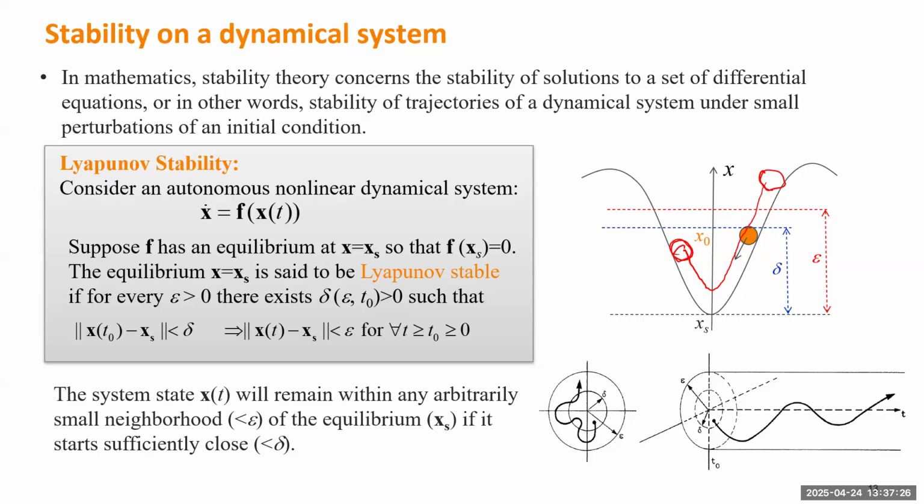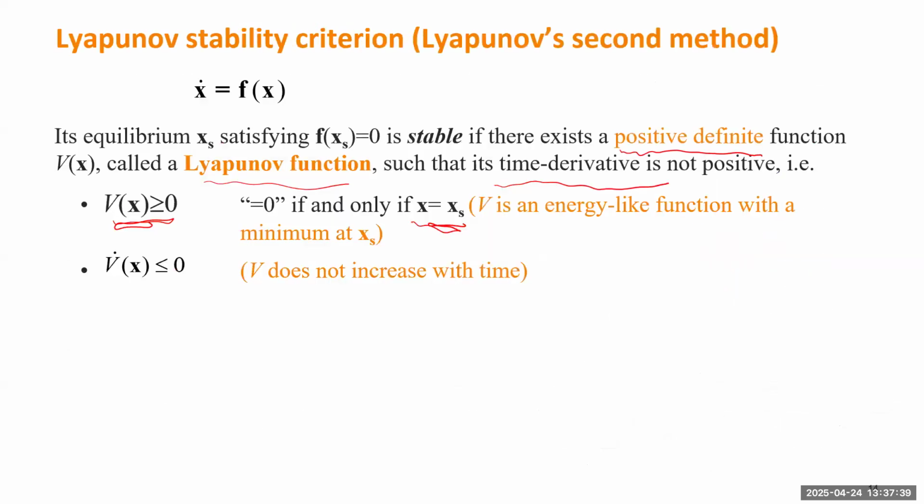If it's not at the bottom point, the potential energy is positive, so the energy will not be zero. So definitely the energy of this ball is a type of Lyapunov function. The second condition is that the time derivative of energy has to be non-positive. It does not increase with time. It can only decrease or stay the same if it's at the equilibrium point.